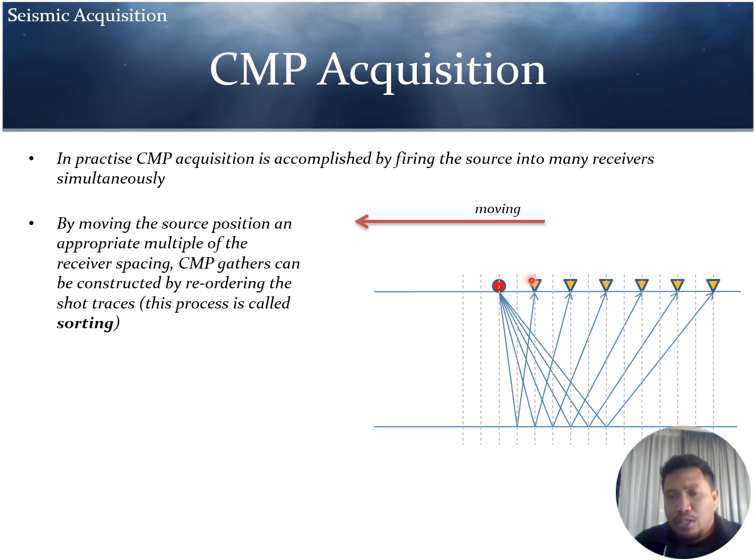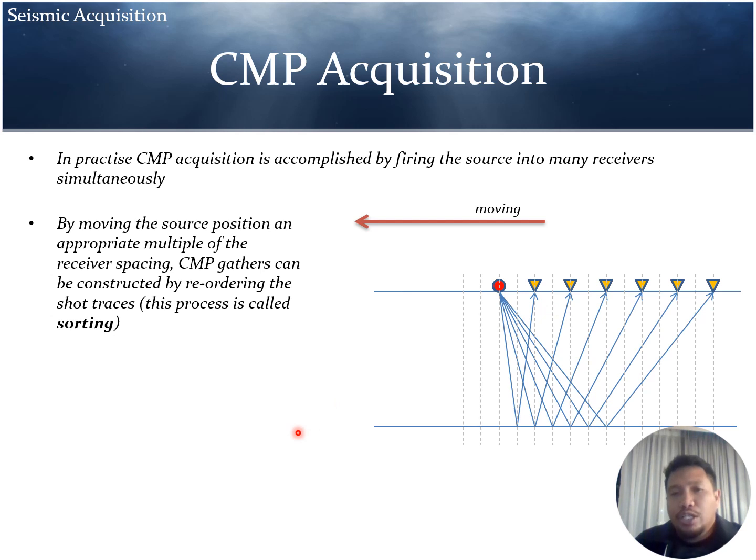In this case, the source is red and the six yellow triangles are all the receivers, and all the receivers will receive signals from their respective reflection points. For example, for shot number 1 and geophone number 1, we have the reflection point over here. Reflection point number 2 is between shot number 1 and geophone number 2.